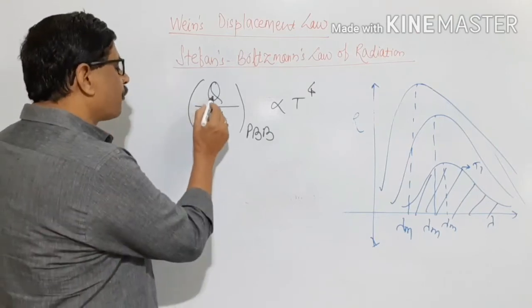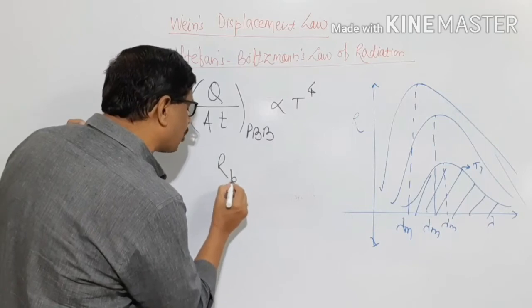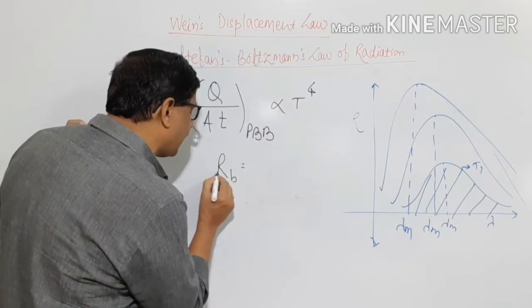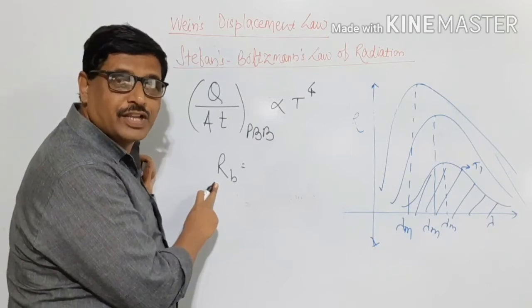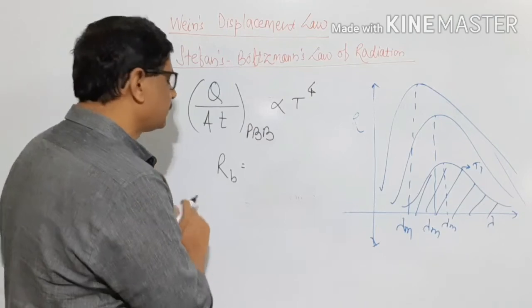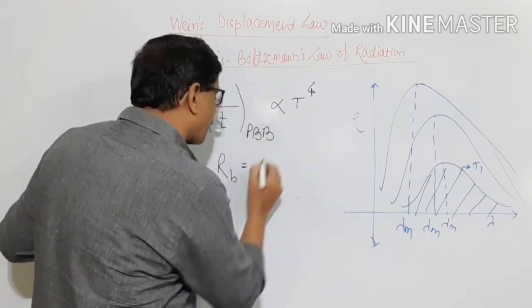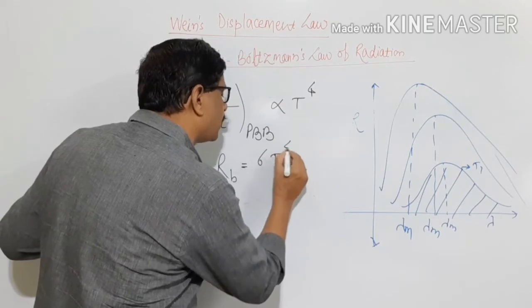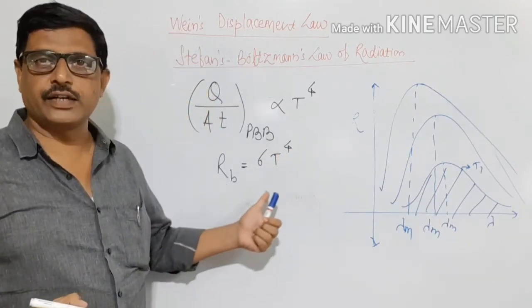This quantity of radiant heat emitted per unit time per unit area by a perfectly black body, I will represent by R_B. This is the rate of emission of heat by a perfectly black body per unit area, which is equal to the proportionality constant sigma into T to the power of 4. Sigma T to the power of 4.